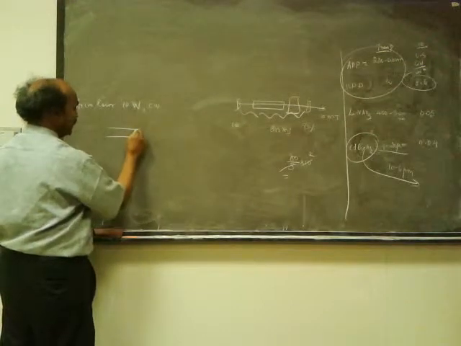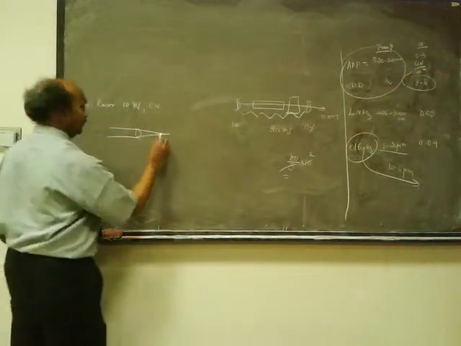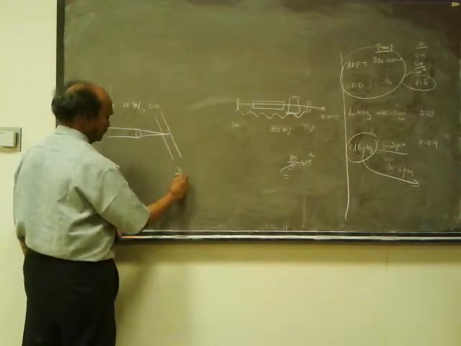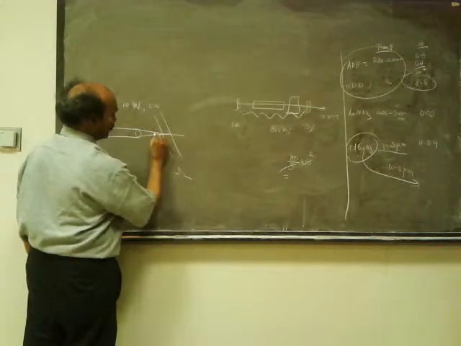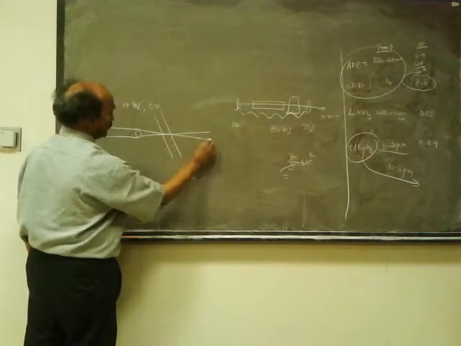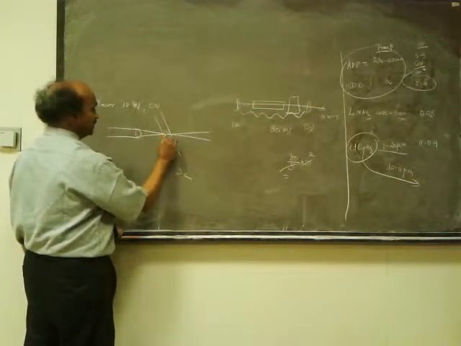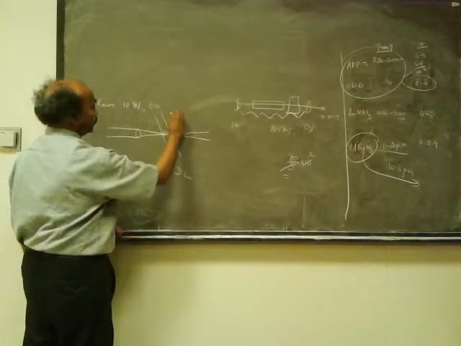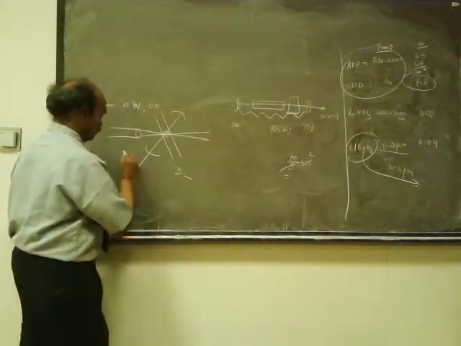Allow the laser to fall on, look at it, this is the dye laser. This is how it goes. The dye laser will always be like this. This is the active region for the dye laser. Then you put one mirror, you put another mirror, I will get the laser out.